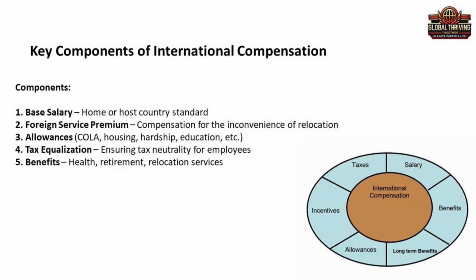This can include cost of living allowance, which is given to cover the difference in living expenses, housing allowances, hardship allowance for challenging locations, education allowance for children's schooling, tax equalization or protection. It ensures the employee pays roughly the same tax as they would at home. Benefits. It can include health insurance, retirement plans, and relocation support, etc. These elements work to ensure the employees maintain a comparable standard of living abroad.